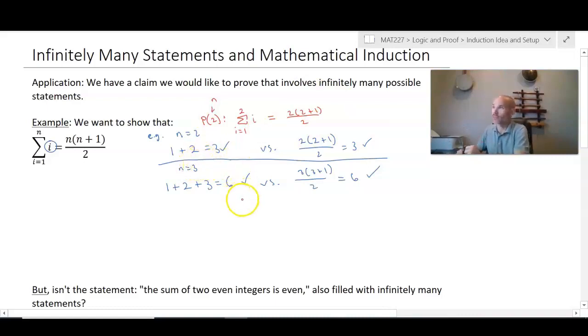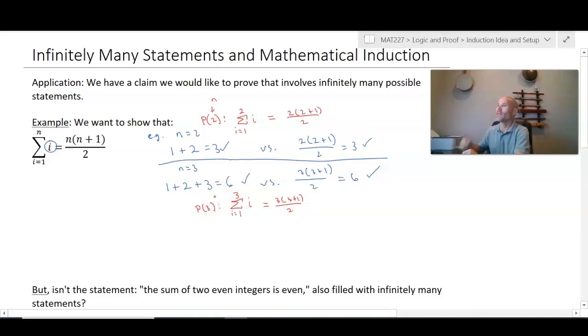But when n becomes 3, now we have a different equation. And it's still the same structure, but it's a different equation because now it's i from 1 all the way up to 3 of the sum of these i values. And we've established that that is equal to 3 times (3 plus 1) over 2, which gives us the same result. So this is what we would call P of 3.